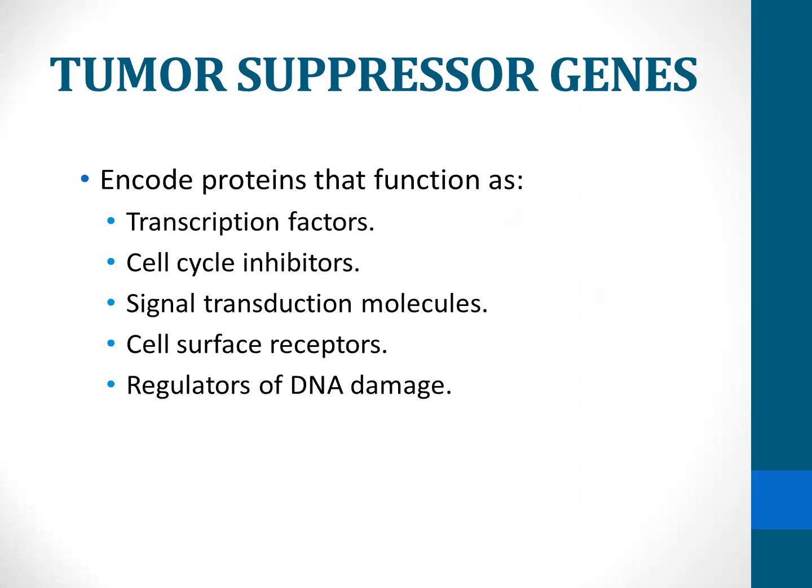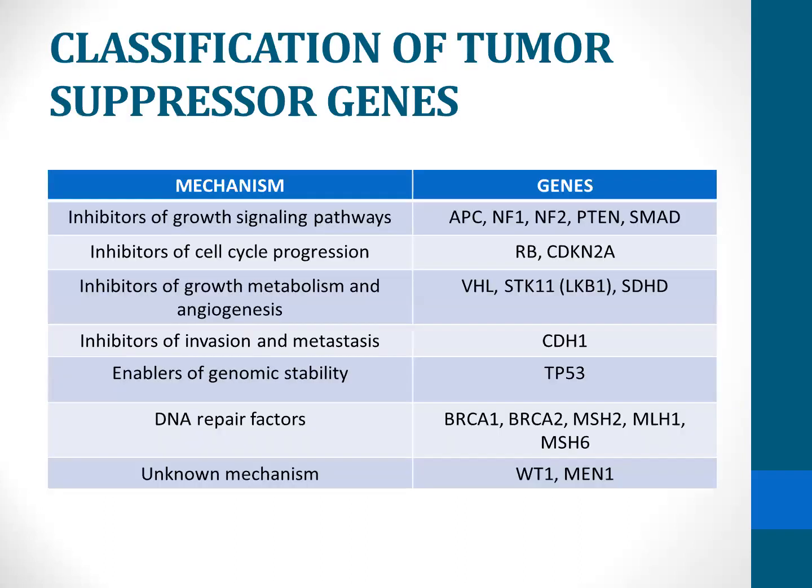Tumor suppressor genes include proteins that function as transcription factors, cell cycle inhibitors, signal transduction molecules, cell surface receptors, and regulators of DNA damage. Just like we classified oncogenes previously, we also classified tumor suppressor genes based on the mechanism.